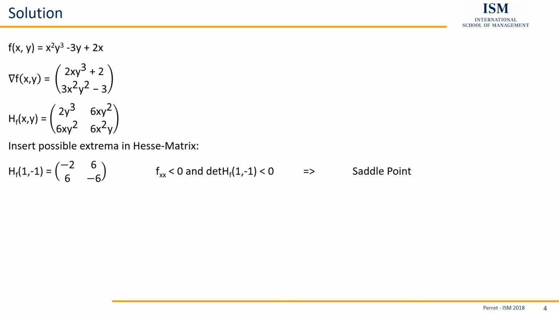So if both of these values are negative, this shows that we have a saddle point at 1, minus 1.